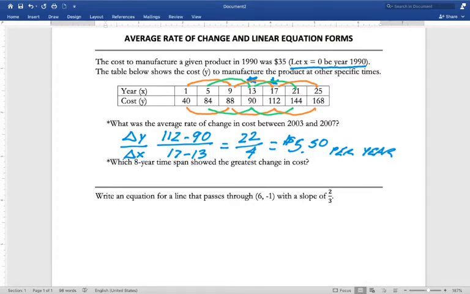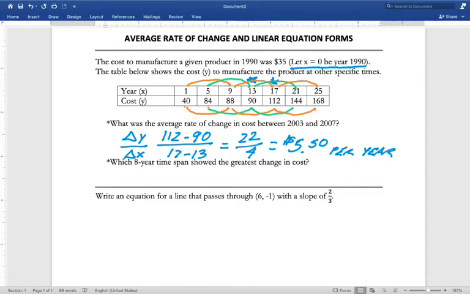So, taking a look at what I have, again, the gap between 40 and 88 was 48. The gap between 84 and 90, well, that's only 6. 88 to 112, that's 24. 90 to 144 is 54. And 112 to 168, that is 56.